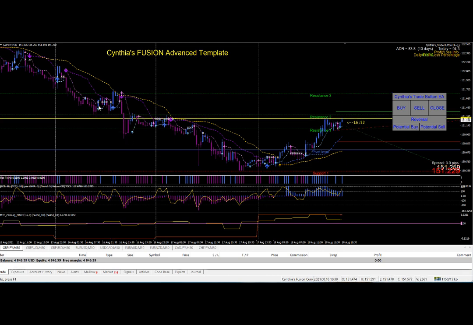And when the orange line is below the purple zero baseline, then the trend is down, and your best trades are going to be taken when both the yellow 4-hour trend line and the orange daily trend line are both either above or below the zero baseline. So I teach you all of that in the training video.